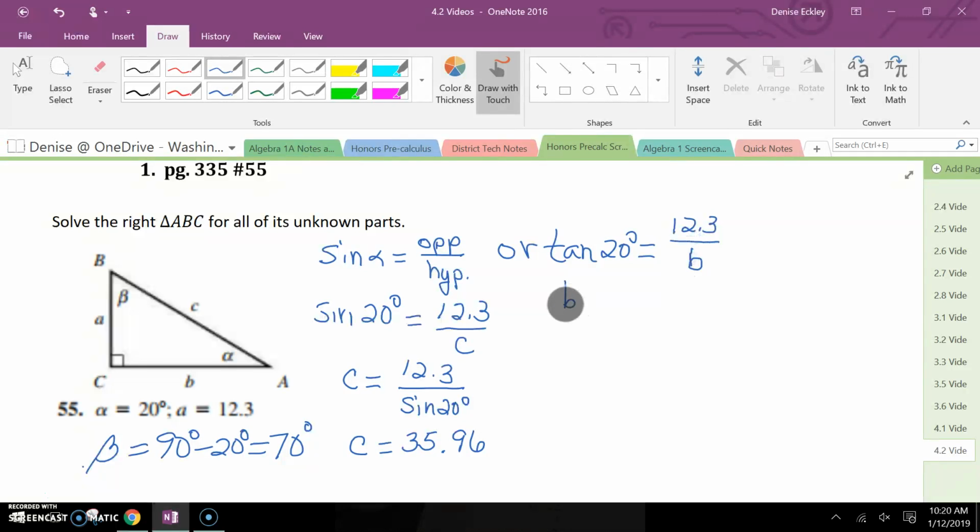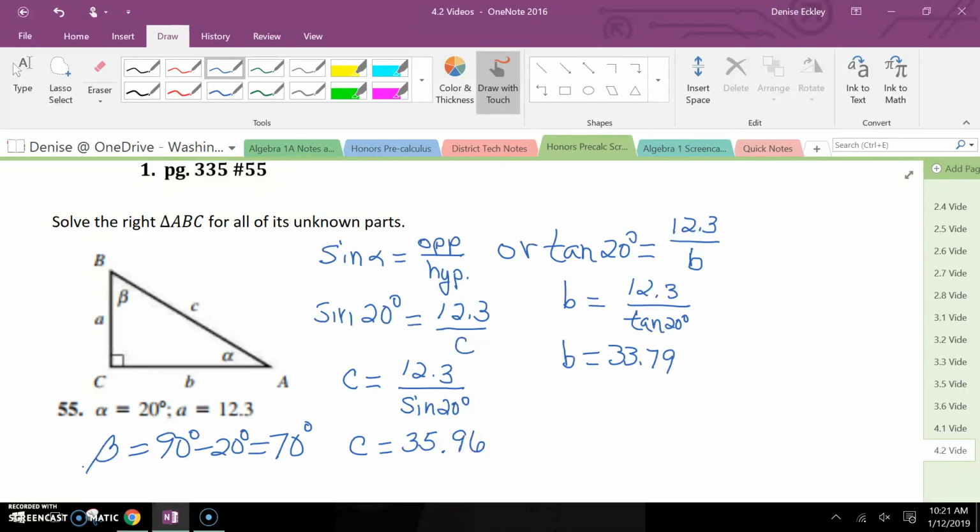And again, we would have been solving 12.3 divided by tangent of 20 degrees. And we would have gotten the same answer. Actually, no, we wouldn't get the same answer because we were solving for B this time, not C. So we get B is 33.79. And again, if you would have found that first, then you could have used A and B to find C by using the Pythagorean theorem.